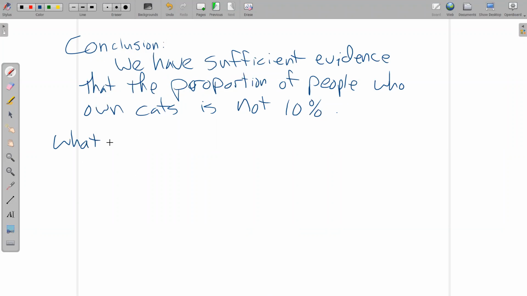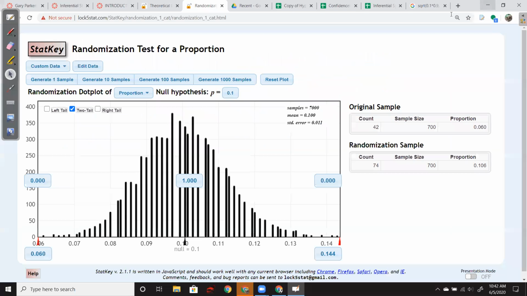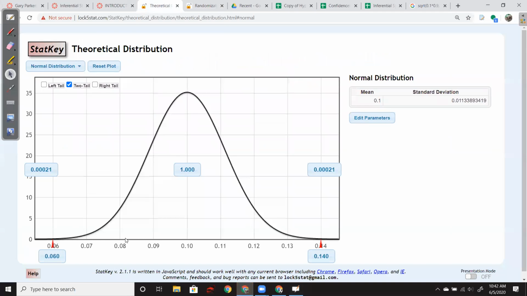So here goes. What does this p-value mean? Because this is a two-tail test, it's a much harder thing to explain than a left tail or a right tail, so I have to look back at my graph to get a handle on that. I think the StatKey graph will be more helpful. Since my data was 6%, but this is a two-tail test, I have to reflect that to the other side, and StatKey does that for me.